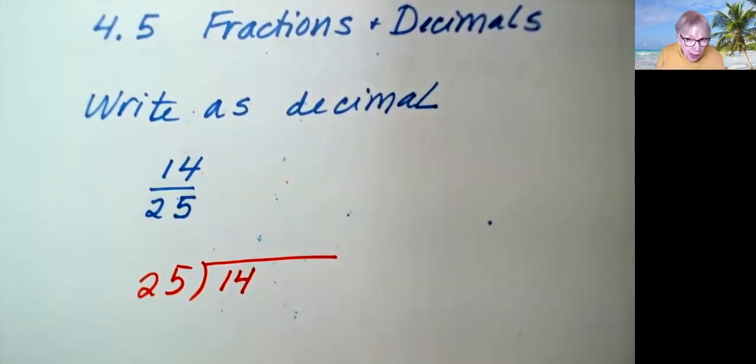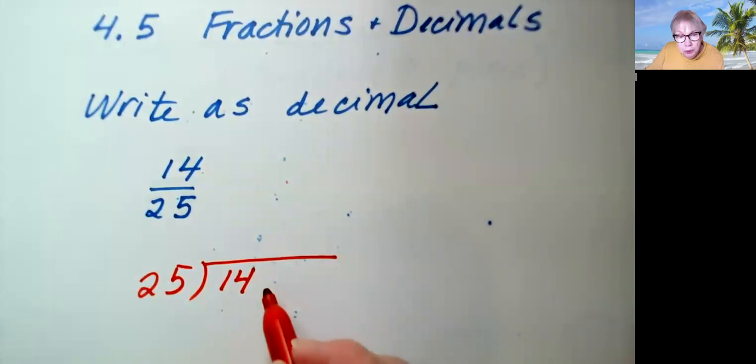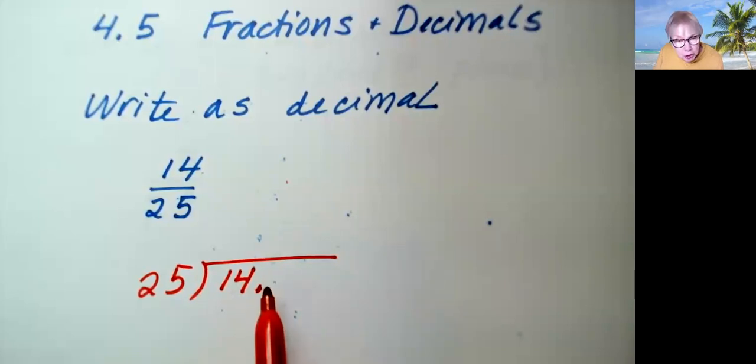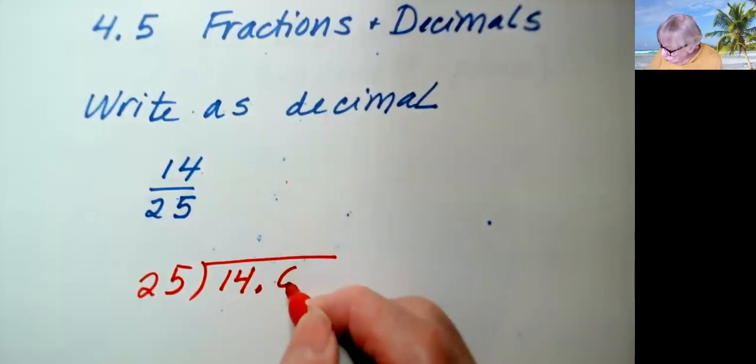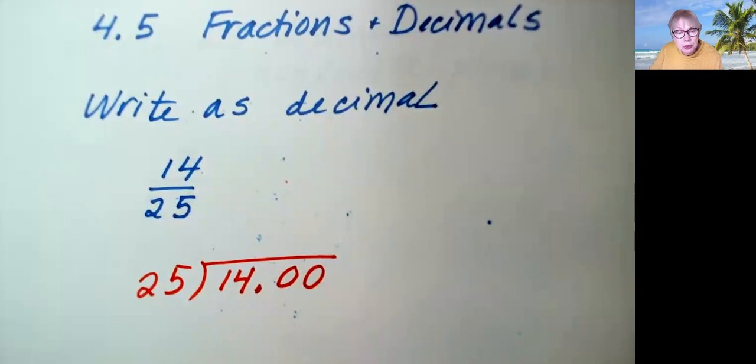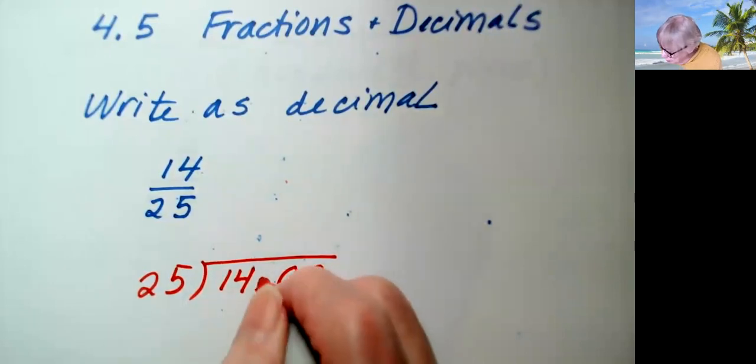Now, if you look at that, you're saying, oh, I can't do that. Well, once we have decimals, we can do it, because we know there's a decimal point after the 14. It's a whole number, so the decimal is to the right. And I'm going to add 1, maybe 2 zeros and see if I can't divide this out. Now, let me divide it, and then I'm going to show you one other thing.